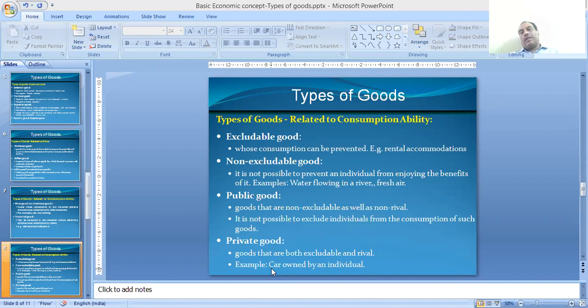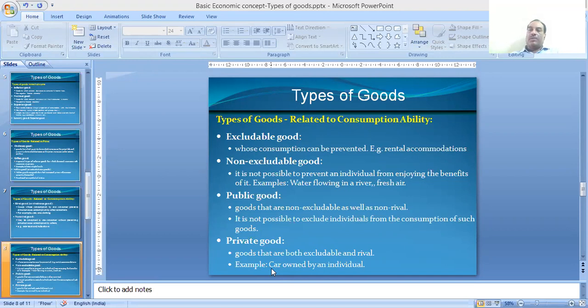So anybody who can pay or who can satisfy the given norms can use the services of those goods. You can go to the government park, pay the 10 rupee fee, and you can enjoy its services. So it is a public good, and you can't exclude anyone, and it is non-rivalrous also.